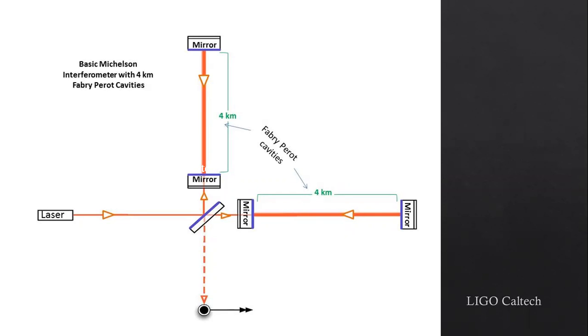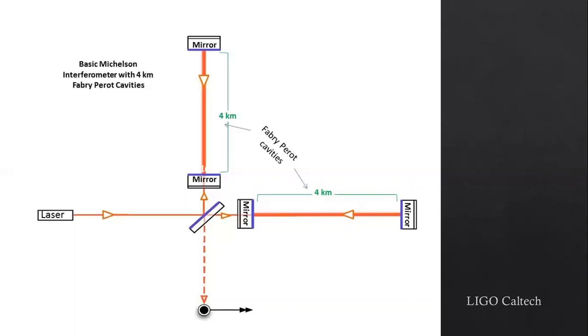As you can see in the picture, instead of only having one mirror at the end of an arm, an additional mirror is placed near the beam splitter. Basically, after the laser is split at the beam splitter, the beam bounces between the two mirrors about 300 times before recombining with the other beam.